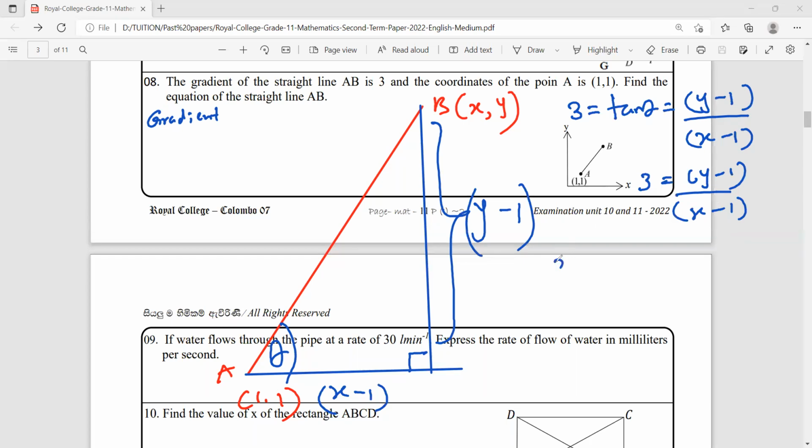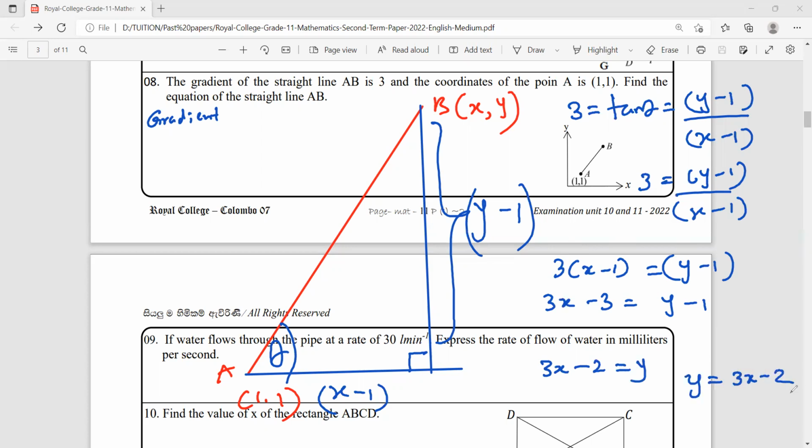Then you get 3 into x minus 1 is equal to y minus 1. Then you get 3x minus 3 is equal to y minus 1. So you can simplify this minus 1 here. It comes here and then it becomes plus 1. That is 3x minus 2 is equal to y.